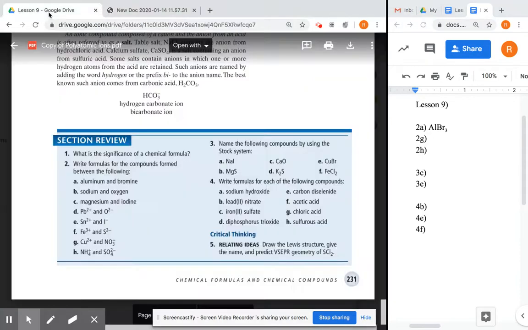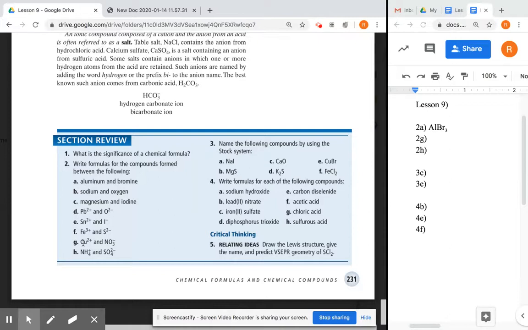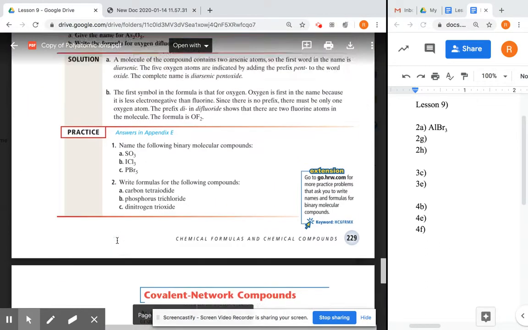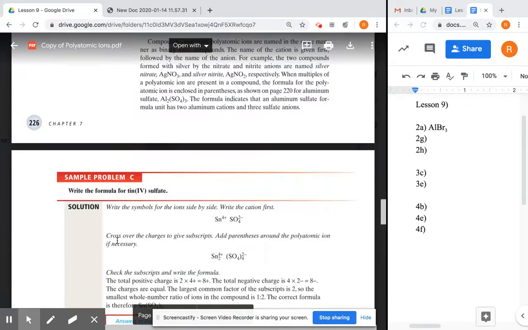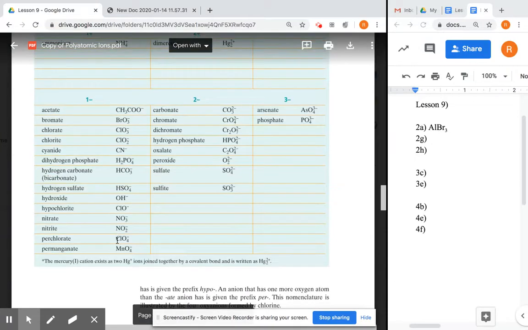All right. Moving on to 2G. I chose a couple trickier ones so I can show you how to do those. Here's copper 2+, so that's going to be copper 2. And then this is a polyatomic ion here. Let's go to our polyatomic ions and see what that is. It was NO3-. If I can find it, here we go.